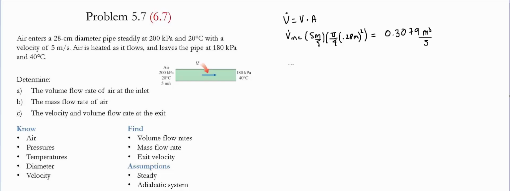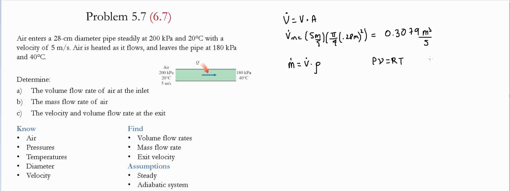The next step is to find the mass flow rate. Mass flow rate is defined as the volume flow rate times the density. Since it's air, it's considered an ideal gas, so we're going to use the ideal gas law to find the density. We have pressure times specific volume equals RT.